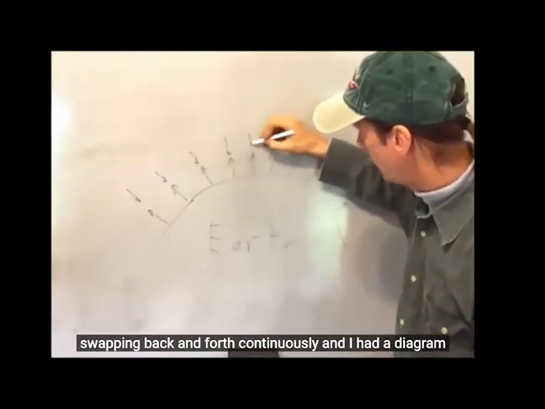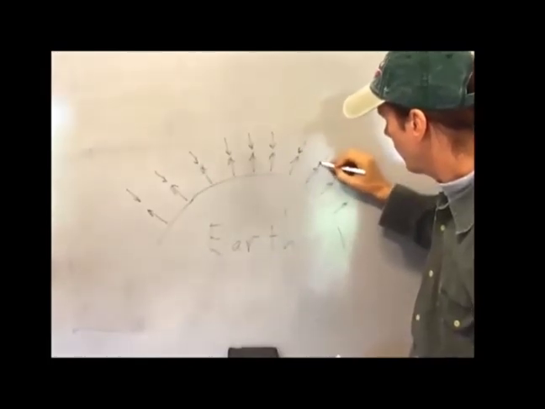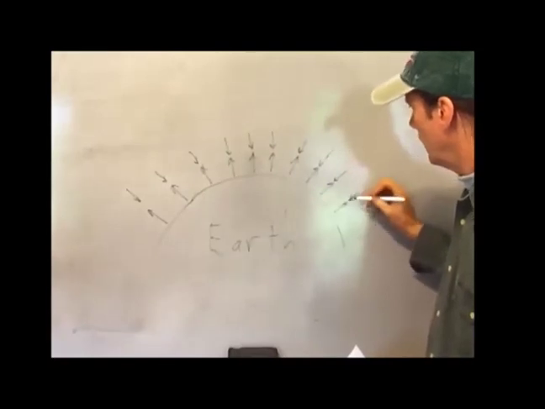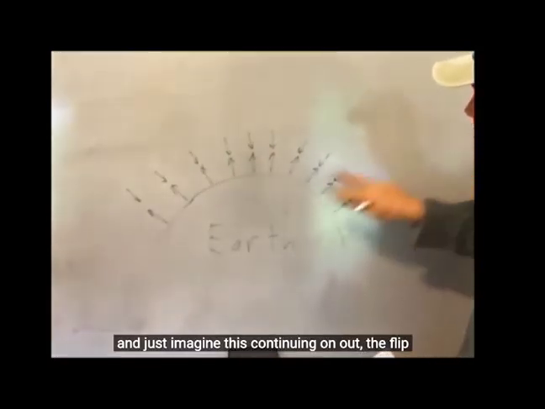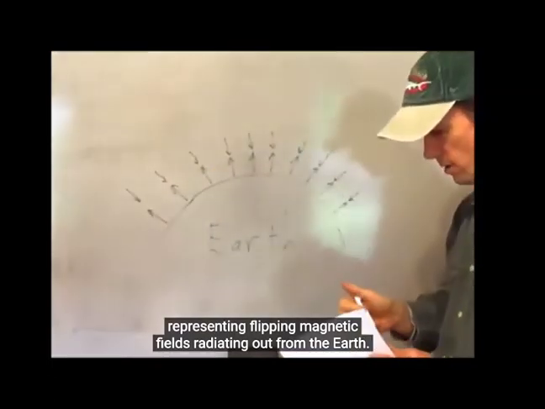And I had a diagram kind of like this. Just imagine this continuing on out, representing flipping magnetic fields radiating out from the Earth.